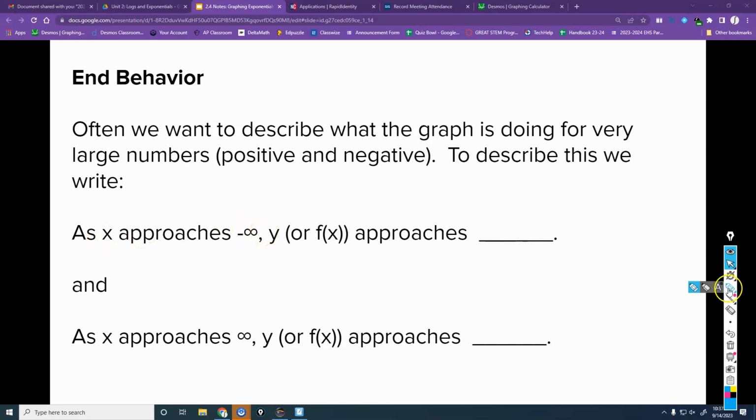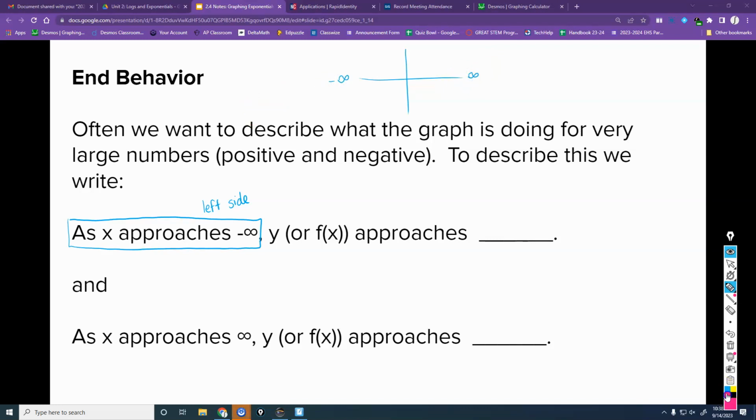For exponentials we will always start this way. This means we're looking at the left side of the graph, because on the axis, negative infinity is over on this side. Positive infinity is on this side.